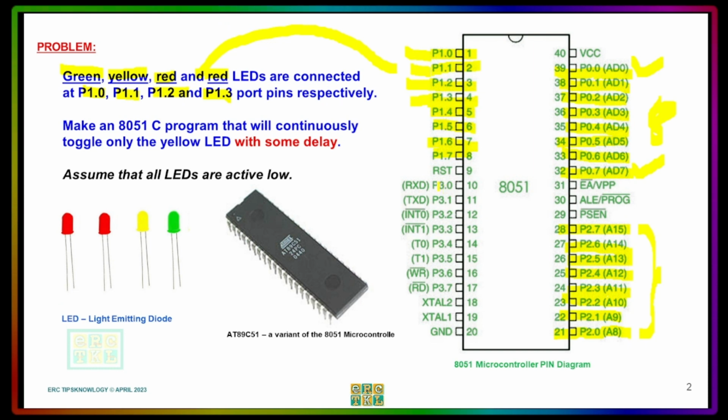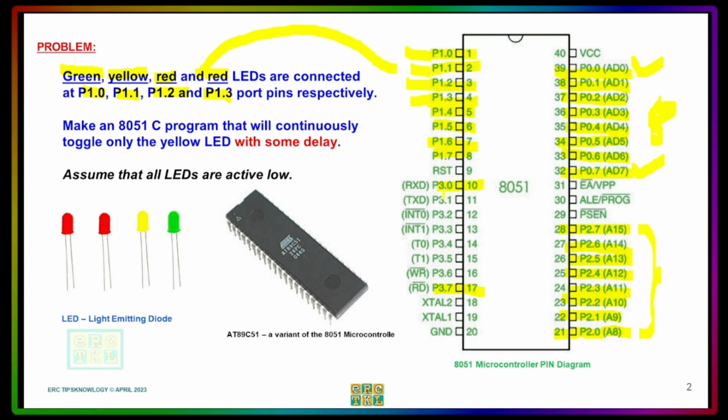Now port 3 also has 8 pins, starting from number 10 up to 17. Just the same, we call it P3.0, 3.1, up to 3.7. Each is an input or output port also, plus it has a specific function different from the others.